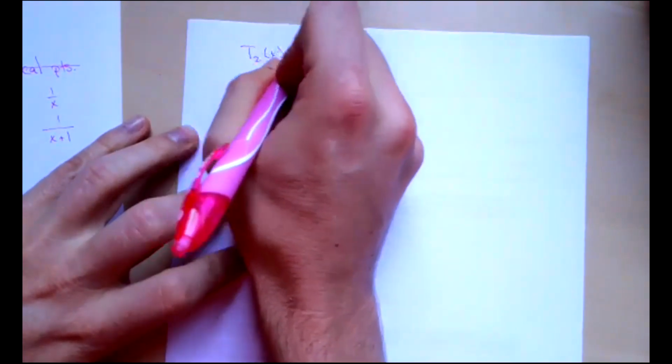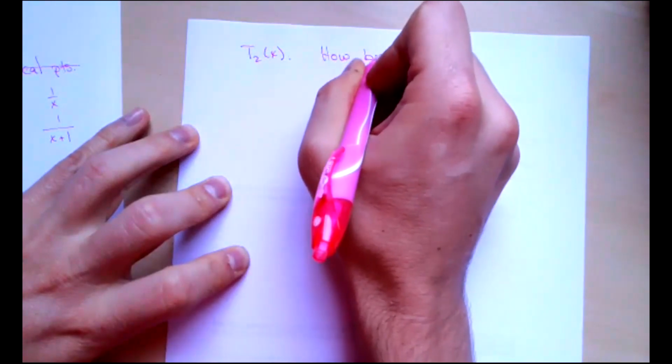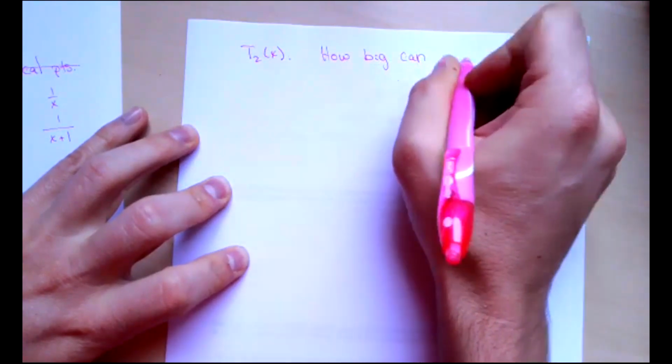Conversely, the other type of question we've seen with this is to find the interval. And again, this might be something we ask on the exam. Let's go back. So let's say we still are working with T2 of x, and we ask how big can x be?